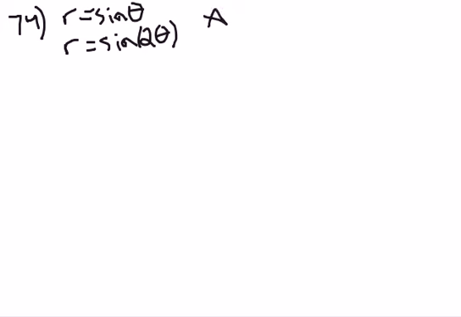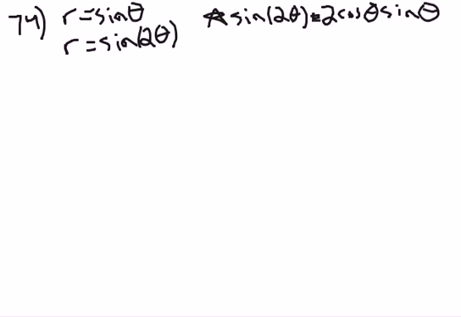For this one, I'm actually going to use a double angle formula, which is the following. And so just like in 73, I'm going to set each equation equal to each other, substituting this guy with this double angle identity.